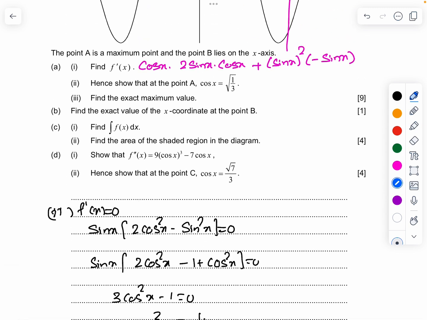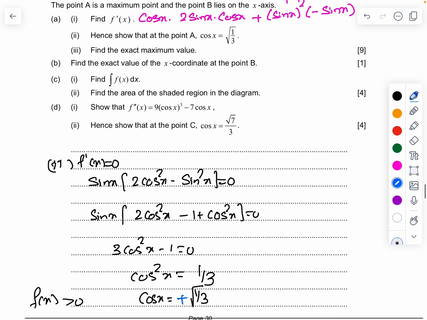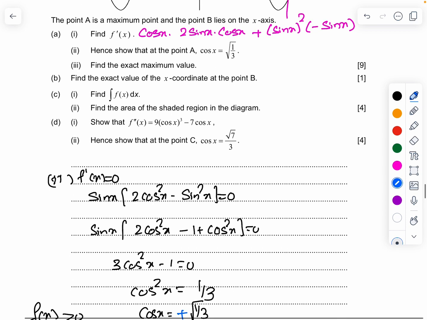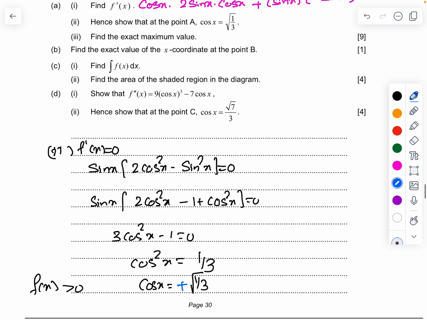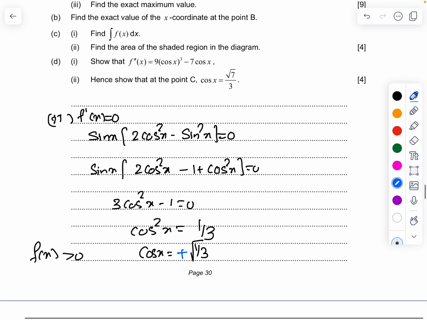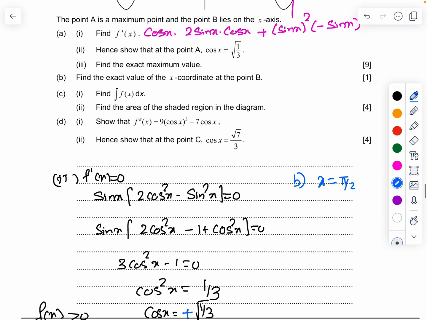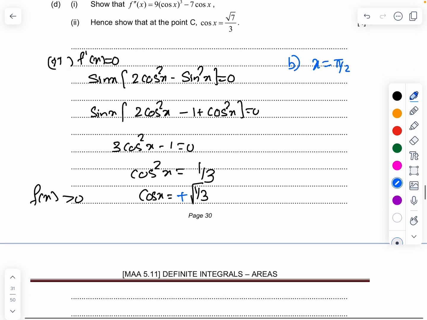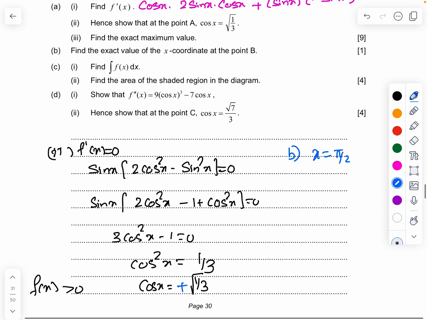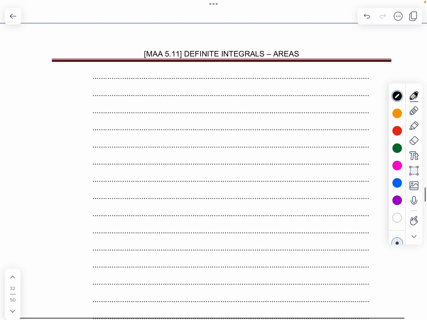Next, find the integral of f of x. Find the exact value of the x coordinate of B. The x coordinate of B, for part b, will be x equals pi by 2. From the graphing calculator, you can get that x equals pi by 2. Then part c.